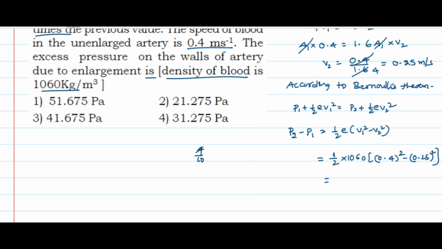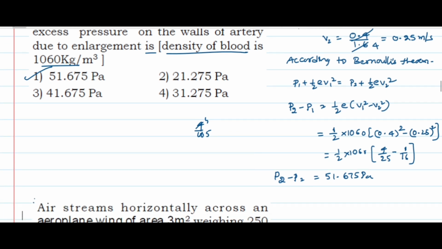So 2 2s are 4, and 0.25 is 1 by 4, so 1 by 4 whole square is 1 by 16, and you just take the LCM. Then the excess pressure on the walls of the artery, P2 minus P1, is nearly 51.675 Pascal. So this will be the correct answer.